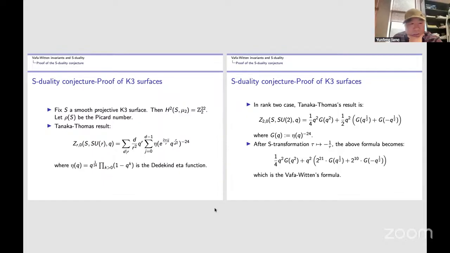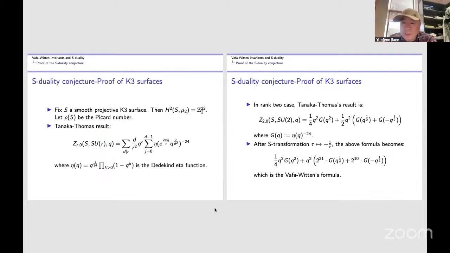And how about the other side? We can ask, what's the SUR modular formula? We can calculate for any prime rank R. Let's only focus on R equal to 2. If R equals 2, then any prime R should be okay. So in the rank 2 case, we can first write down the Tanaka-Thomas formula like this.